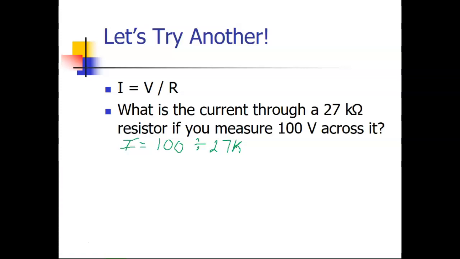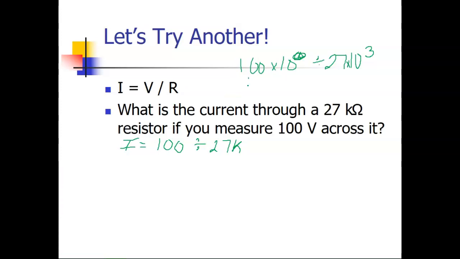There's a couple different ways you can write this, guys. You can say 100 times 10 to the 0 power divided by 27 kilo, which is times 10 to the third.